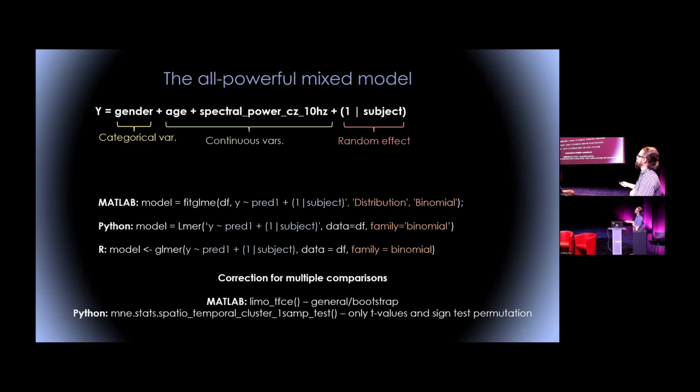You just enter this matrix of either p-values or statistical values, and it's going to find your clusters across electrodes and frequency, for example, in this case. There's the equivalent in Python. It's a little bit more limited because it's based on sign test, but it's basically the same principle.